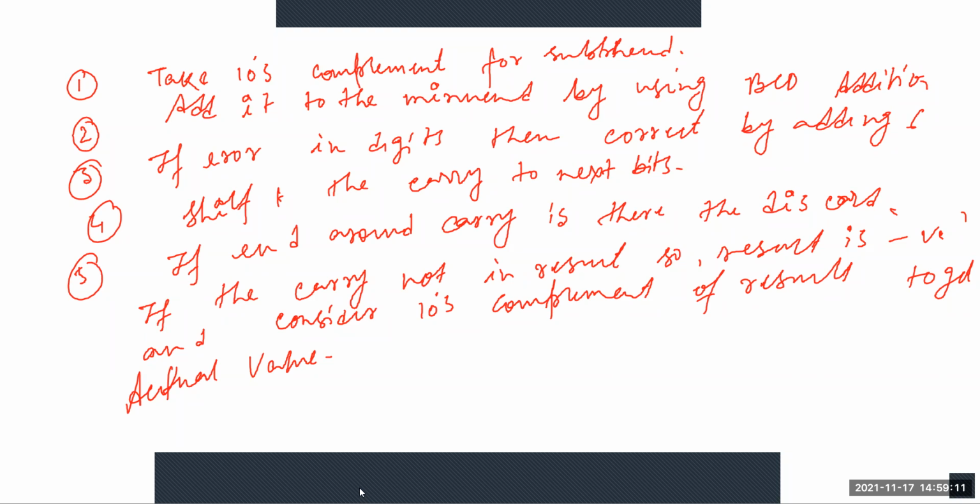And if there is no end around carry, in that case the result is negative, and it is in the form of tens complement. So after that you should get the actual value from the tens complement also. Okay, so I am just erasing these things.